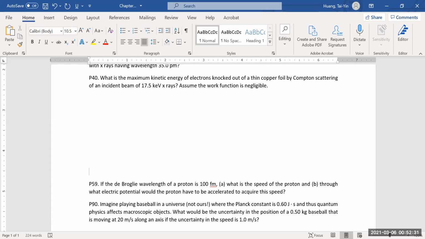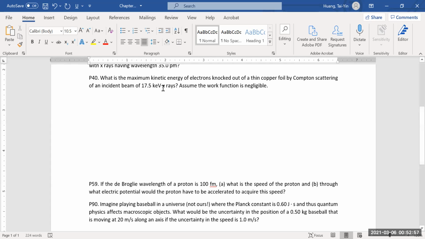This is different from the photoelectric effect, because in the photoelectric effect you have to consider the work function. But for the Compton effect, the energy of the incoming photon is in the X-ray range, in keV, which is much greater than the energy of a work function.